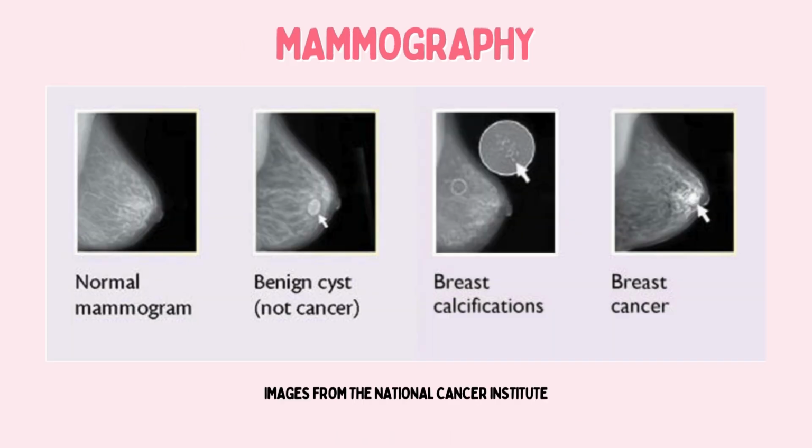So this is a mammogram. Basically, I'm unsure if there is mammogram reading on the EOR, so I figured I would include this anyway. And it is how to distinguish normal versus cysts versus calcifications. I thought this was a very good image. The benign cyst is kind of like what the fibroadenoma looked like.